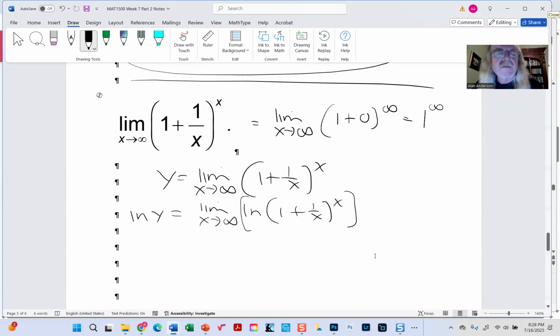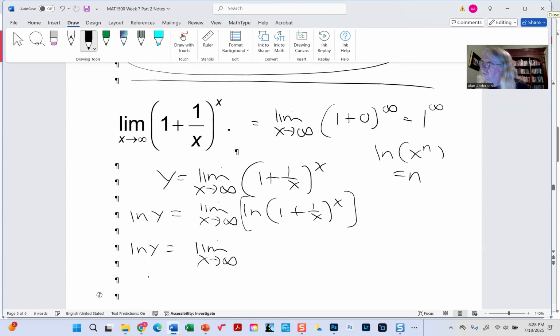And that in turn becomes, based on the properties of logarithms, x log 1 plus 1 over x.